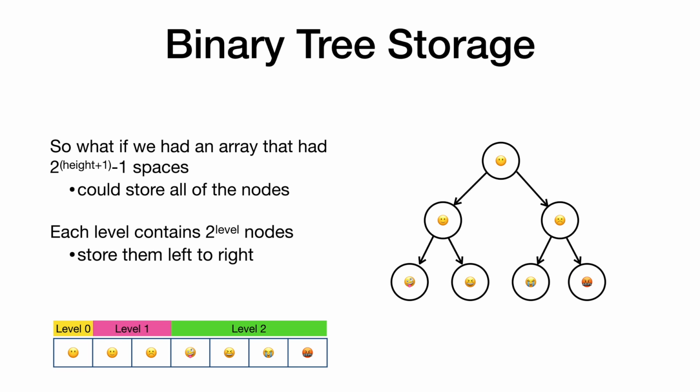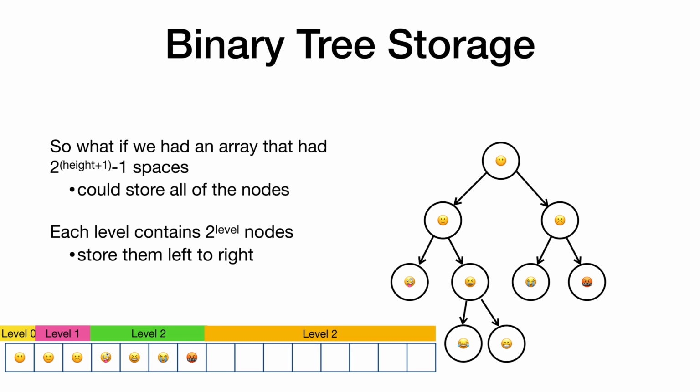So if we add 2 more nodes here, we're no longer perfect, but if we had an array that was now 15 instead of 7, we know that if it were perfect, these would be the third and fourth elements in a perfect binary tree of height 3. So let's put them at the 3rd and 4th location in the array.